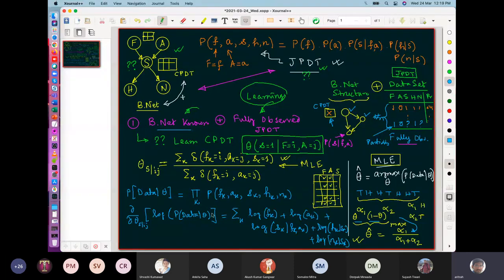Why? Because this is a multiplication. I take a log and that will go as a sum of the whole thing. As I know each of the joint probability distributions from the Bayesian network, I can write it this way.